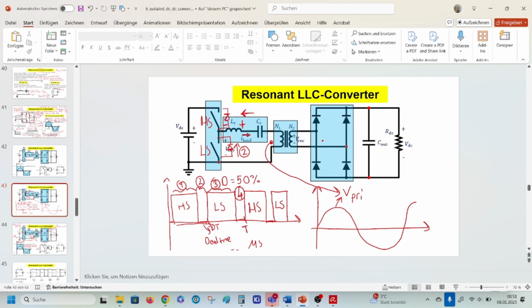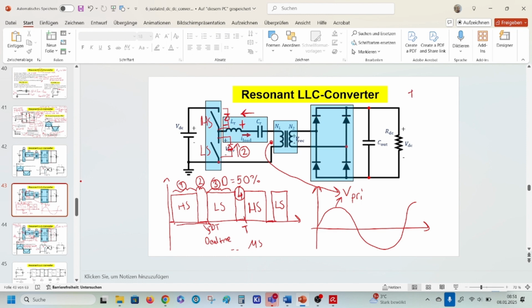The question is, we have boost, buck boost converter. The resonant LLC converter is actually a buck converter. Why?